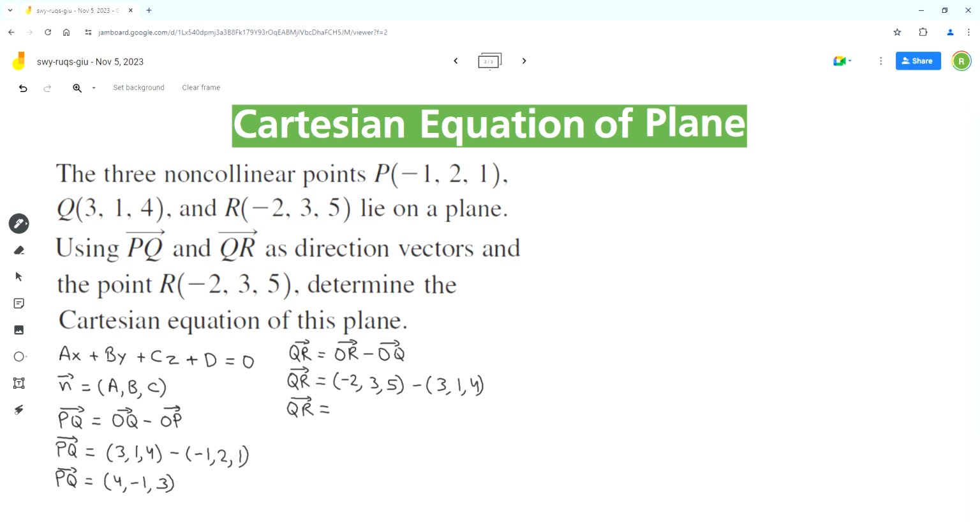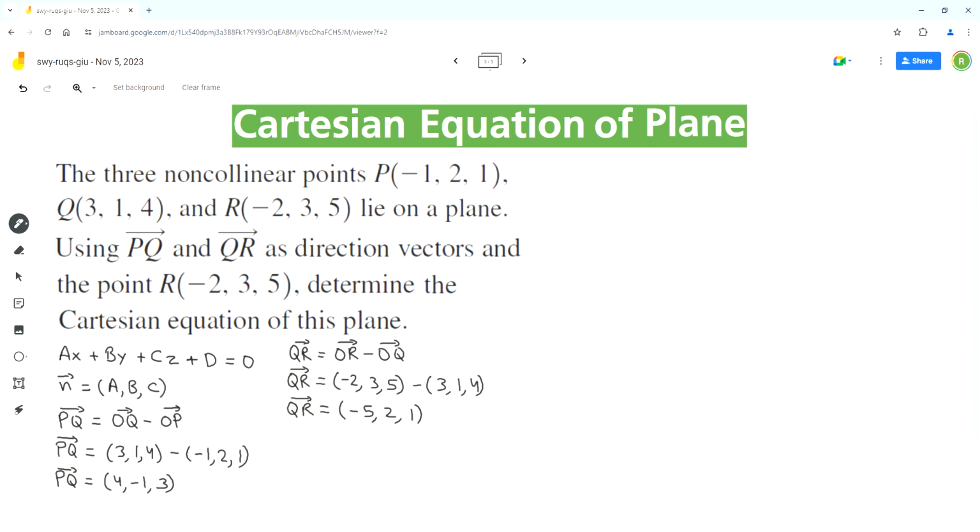Now we can subtract these vectors by subtracting their x, y and z components. Negative 2 minus 3 is equal to negative 5. 3 minus 1 is 2. 5 minus 4 is equal to 1. So this is vector QR.